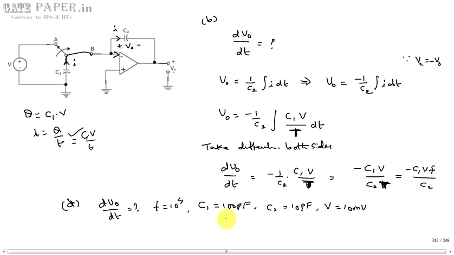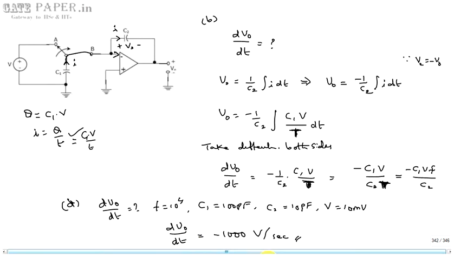Substituting these values in this equation, dV0 by dt is equal to minus C1 into V, which is 10 millivolts, times f, divided by C2. Finally you get minus 1000 volts per second. So this is the value for the D, the average rate of change of output voltage for the given values.